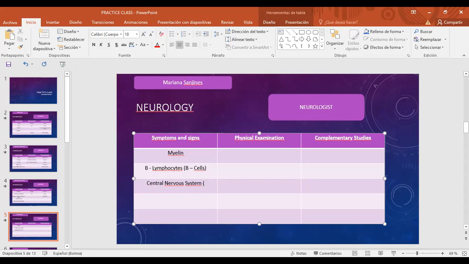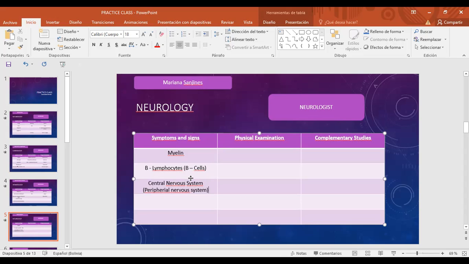It affects the axons between two neurons. So our nerves are made of axons, right? So it also affects the peripheral nervous system. Okay, those terms you can use.